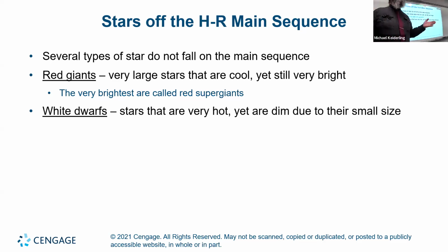So red giants, their surface is relatively cool, but they're really, really big, so they put off a lot of light. And white dwarfs are stars that are very hot, yet are dim due to their small size. White dwarfs are very small, but we can still see them because they're incredibly hot. And that's because they're the cores of exploded stars that have collapsed. And so they are compact, super hot, super dense things.